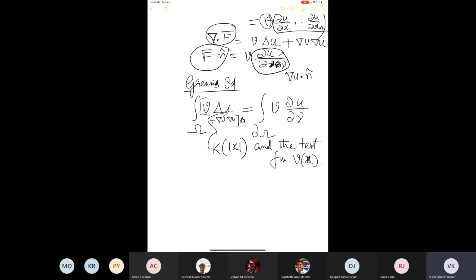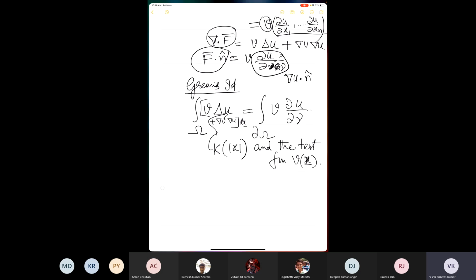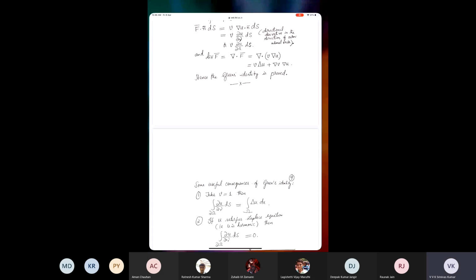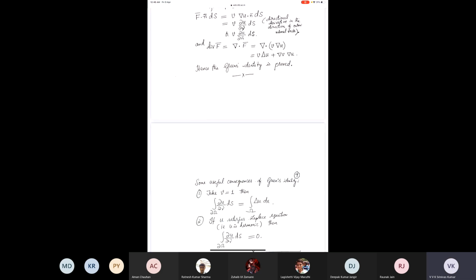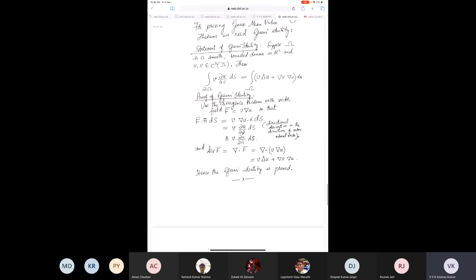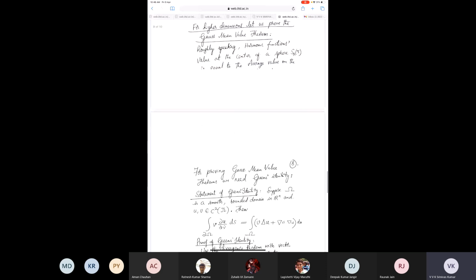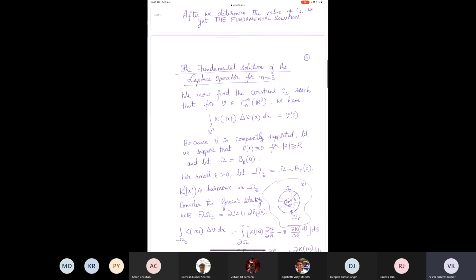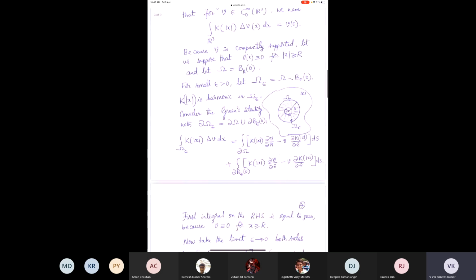Now come to our notes. If you see Green's identity, the Laplacian of v on the domain is equal to the boundary terms, and it has two parts.